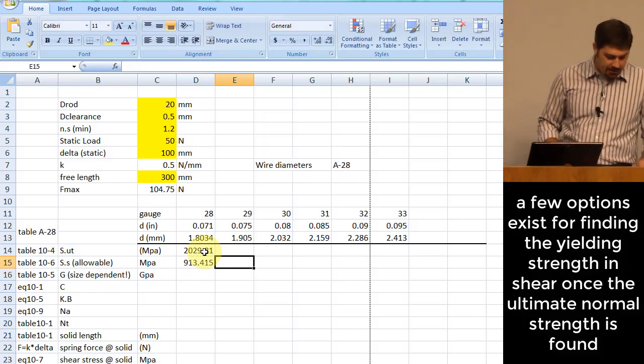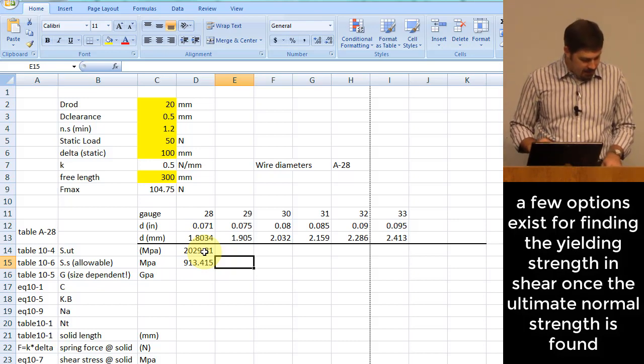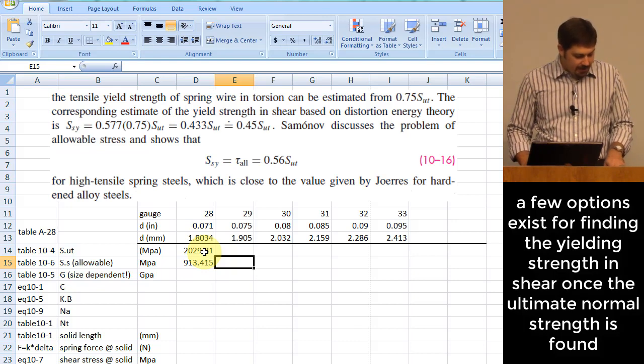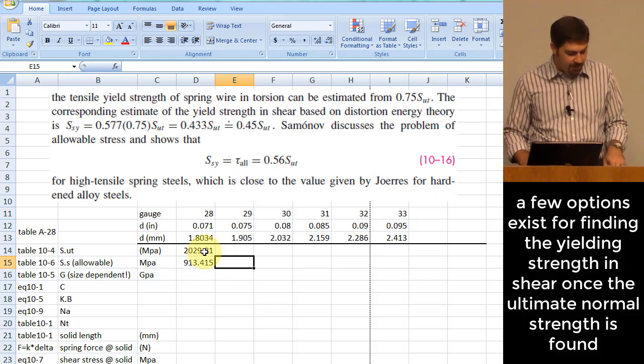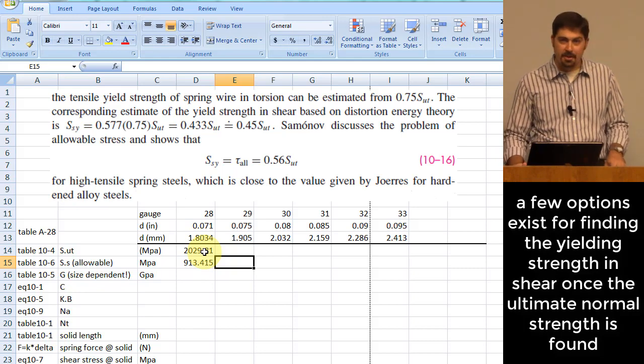Now, what's the other option? On the previous page, it gives a little line that says some guy named Simonov discusses the problem of allowable stress and shows that the yielding stress for shear is about 0.56 of the ultimate, which is not super far off, but it's a little bit different.